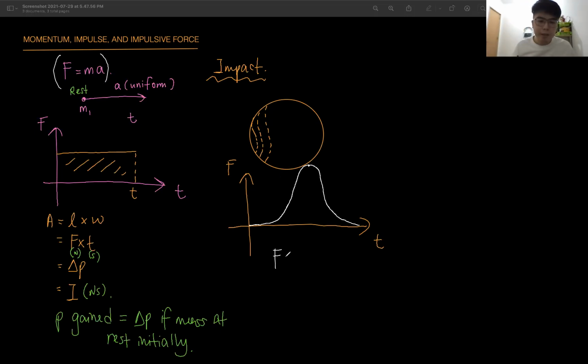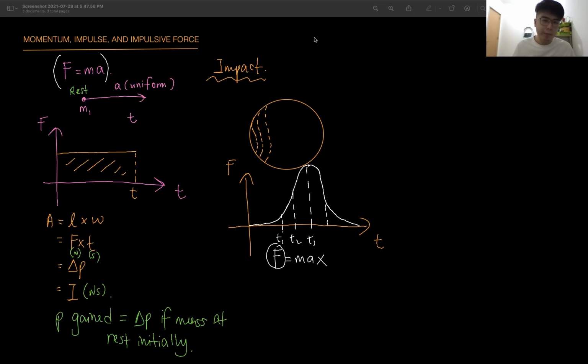Because in F equals ma, you can only put one value. Which value are you going to put? You have so many values of F here. At any time, the force is different. t1, t2, t3 have different values of force. So we cannot calculate using F equals ma.